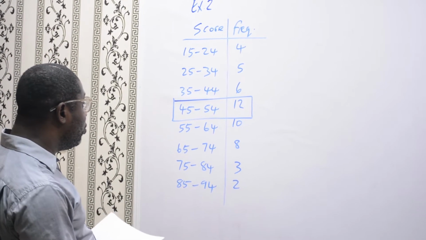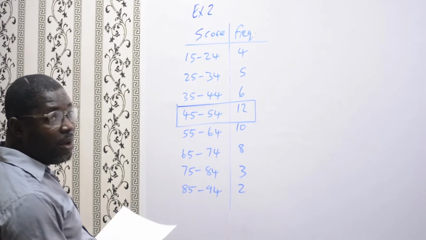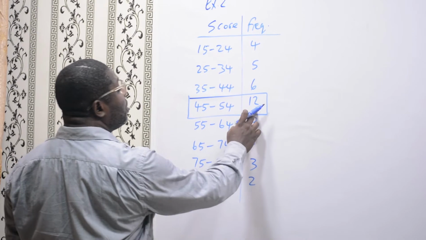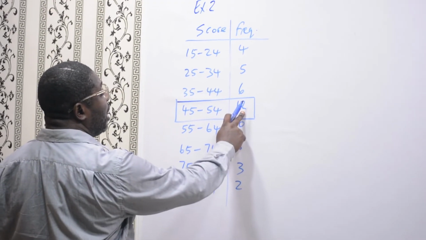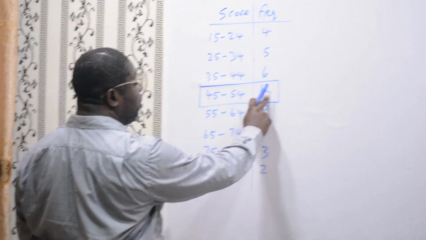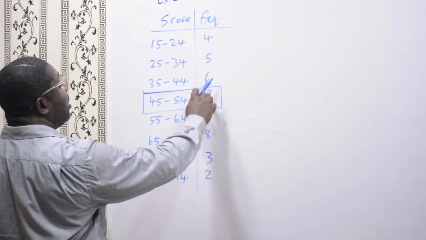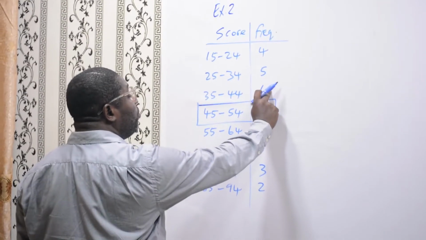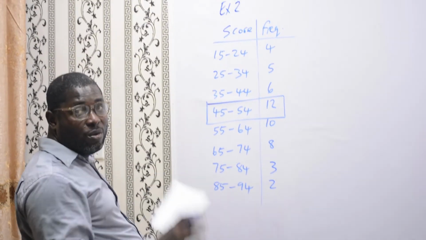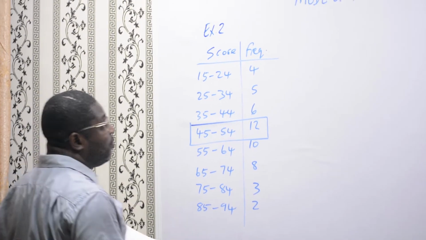So what we need to deal with this question is to identify the modal class, the frequency of the modal class, the frequency of the class before the modal class, and then the frequency of the class after the modal class.